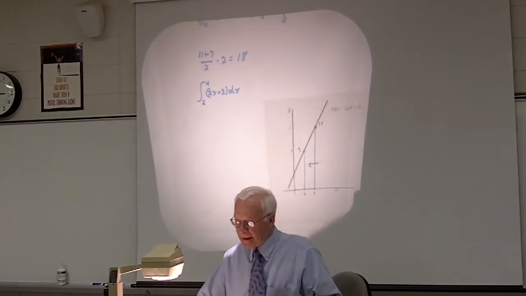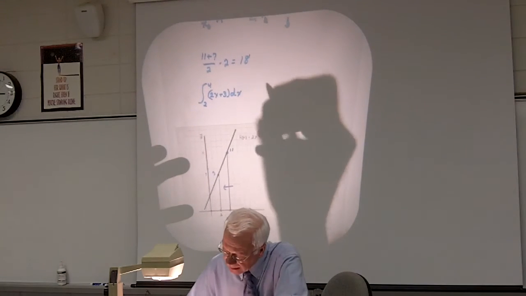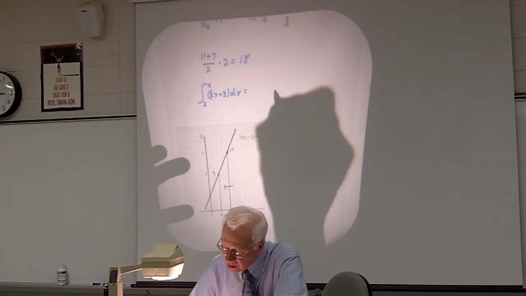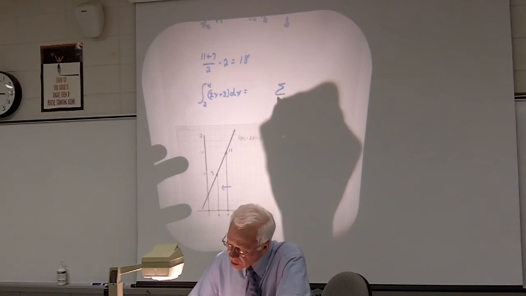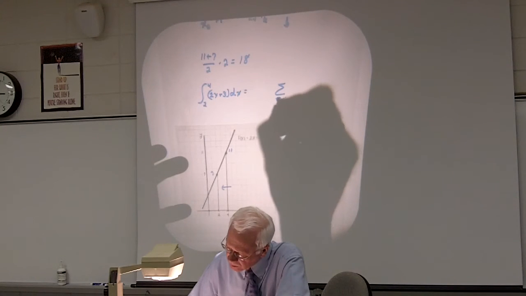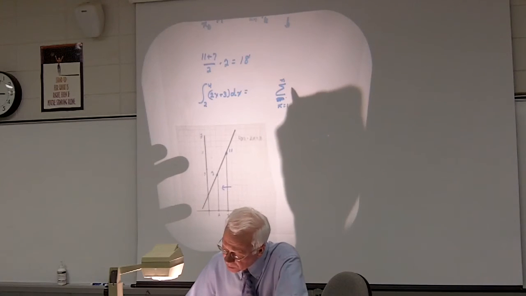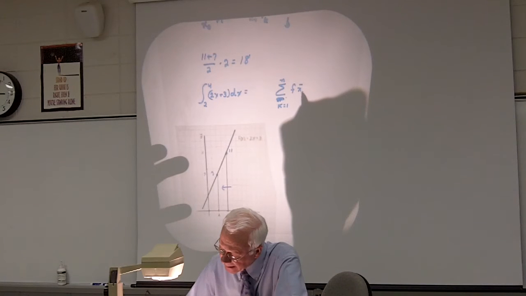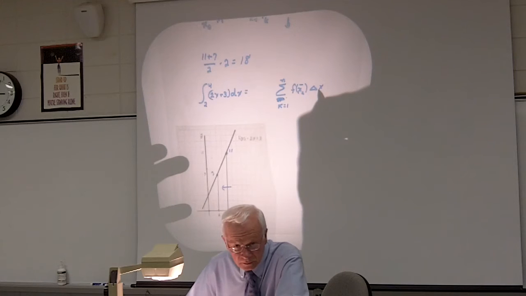Now, this is very much like doing Riemann sums, which would be like this. I will put an equal sign here, and I'm going to go k equals 1 to n, and then I'm going to put here f of x bar k, and I'm going to put a delta x here.